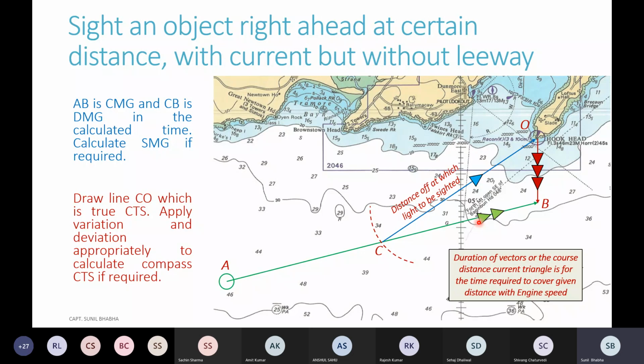Because the Charlie point is also the point where the lighthouse is going to cross from starboard bow to the port bow. So in some questions, the wording may be twisted slightly, and they will tell you to find the position at which this particular lighthouse crosses your bow.